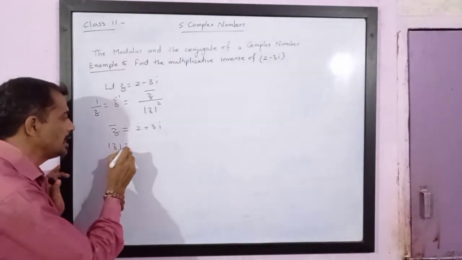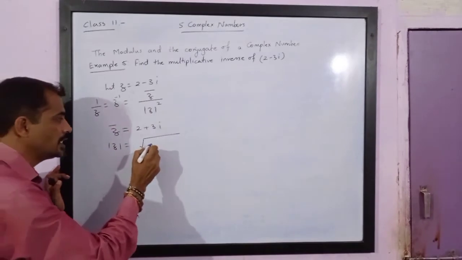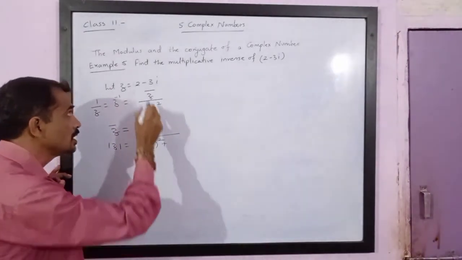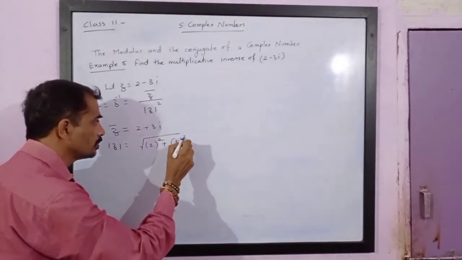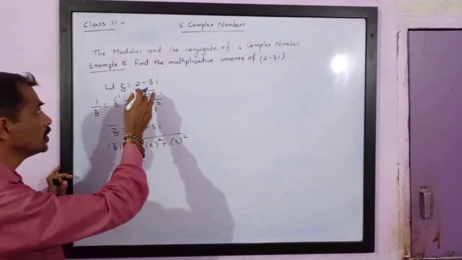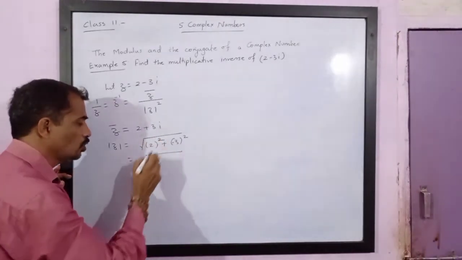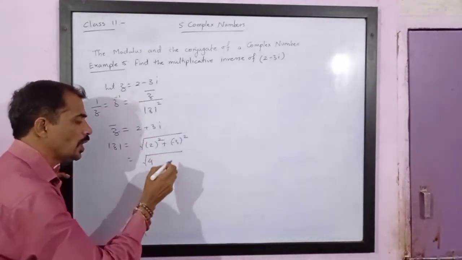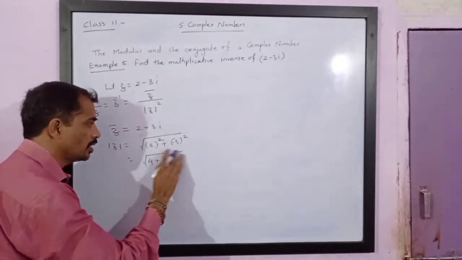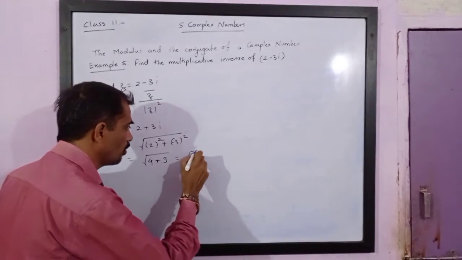Modulus of z is equal to root of a square plus b square. It means this is equal to root of 2 square plus minus 3 square. 2 square is 4, negative 3 square is 9. So we get 4 plus 9, 13, root of 13.